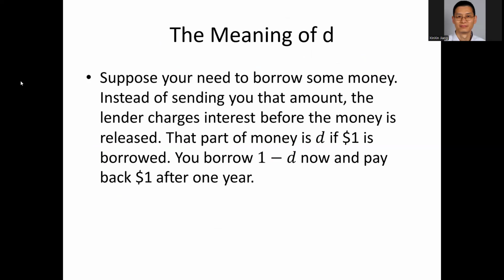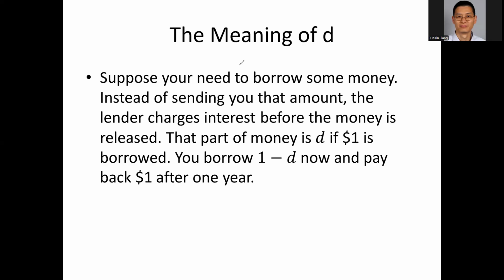And I think we explained a little bit earlier. Suppose you need to borrow some money. This is usually what the bank would do when they apply discount. Instead of sending you that amount, the lender charges interest before the money is released.